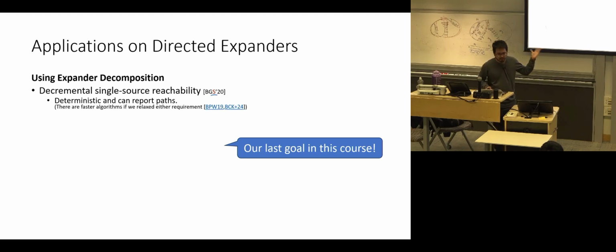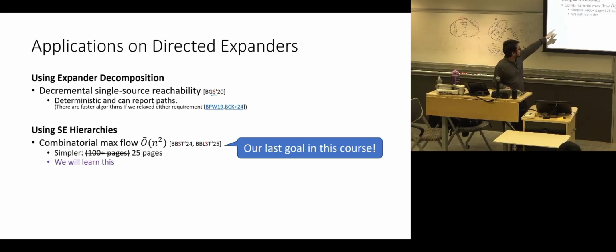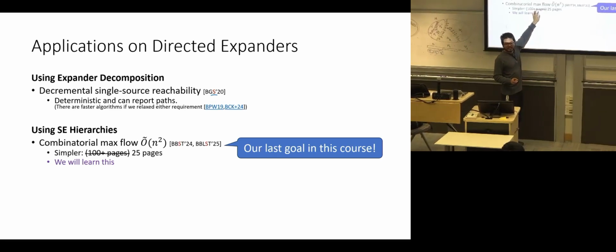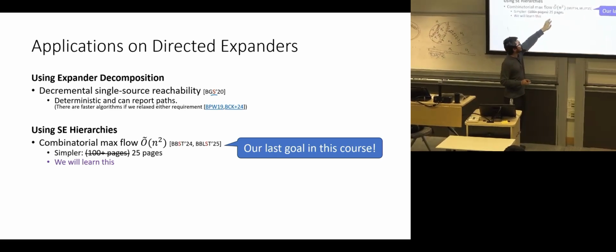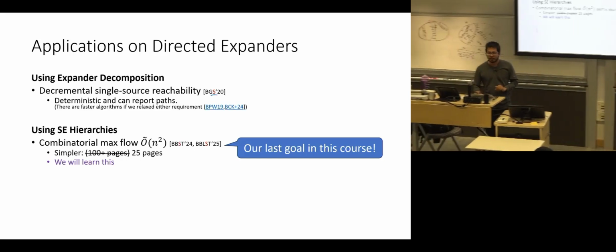It's used to get some dynamic algorithms. And the SE hierarchy, right now we find some applications. One is MaxFlow in n squared time. It's much simpler than the one that takes almost linear time.